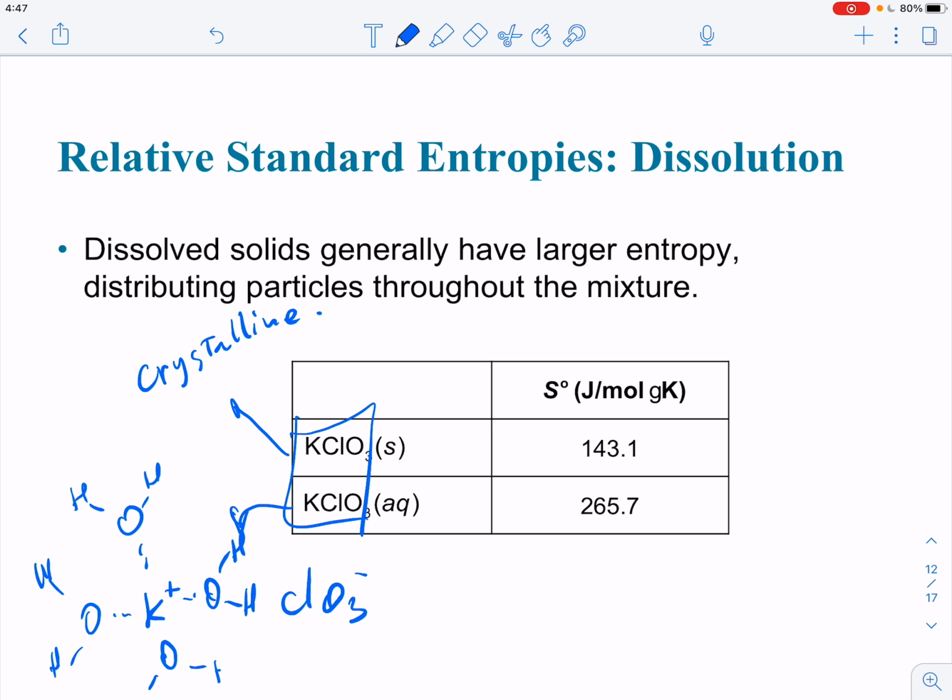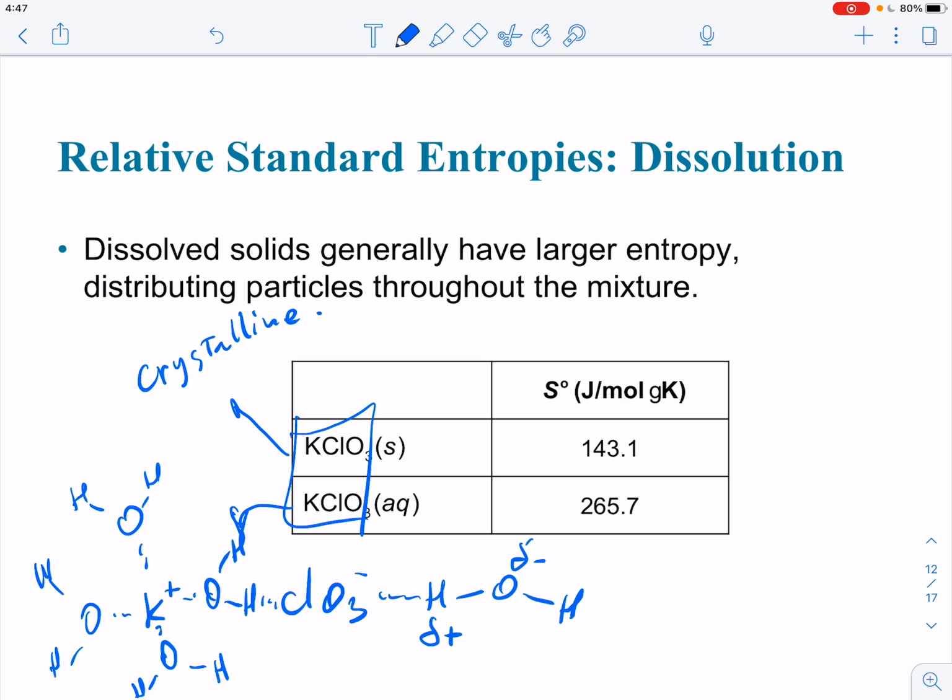The oxygen will be pointing in the direction of potassium, the hydrogen will be pointing in the direction of the chloride. And why is that? Because the hydrogen in water is partially positive and the oxygen in water is partially negative, so opposite charges will attract each other.